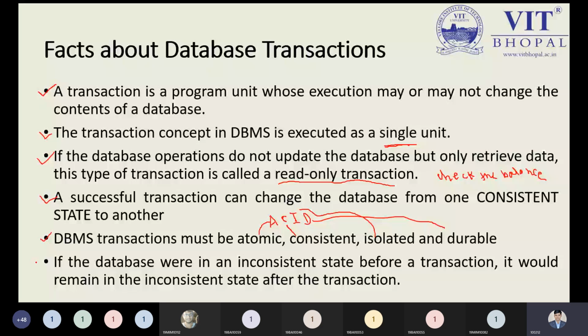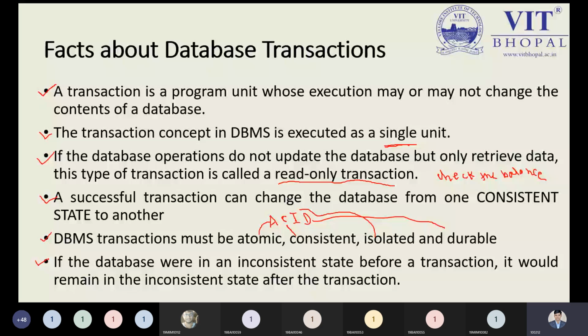If the database was in an inconsistent state before a transaction, it would remain in the inconsistent state after the transaction. This point is saying that before completion of any transaction, its state will be inconsistent, and after the transaction is successfully completed, it will change from the inconsistent to the consistent state.